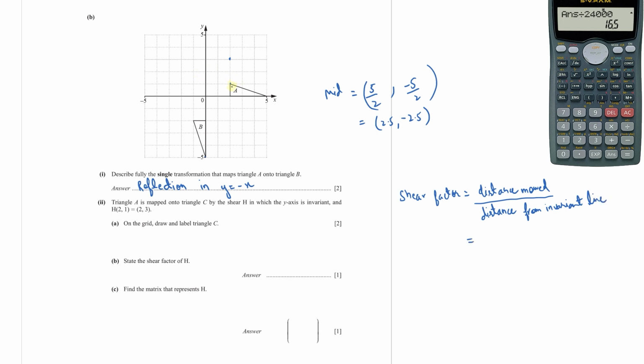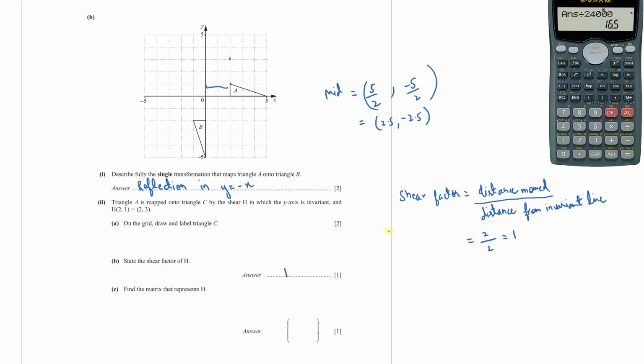So how much distance does this point move? (2, 1) moved to (2, 3), so it moved a distance of 2. And what is the distance of this point from the invariant line, which is the y-axis? This distance is also 2. So 2 divided by 2 is 1. So your shear factor is 1. The next part asks you for the shear factor.